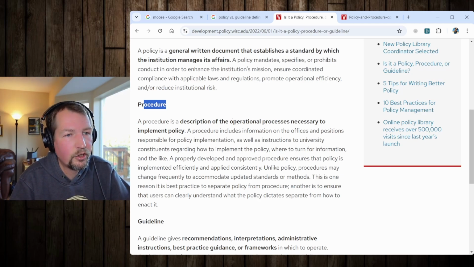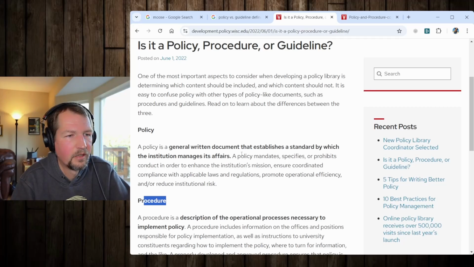The procedure changed because these special pandemic reimbursements required that fields be filled out with very specific syntax. And if you didn't use the specific syntax in the specific fields, you weren't going to be reimbursed. So there's an example of a procedure changing over time for a given type of policy.